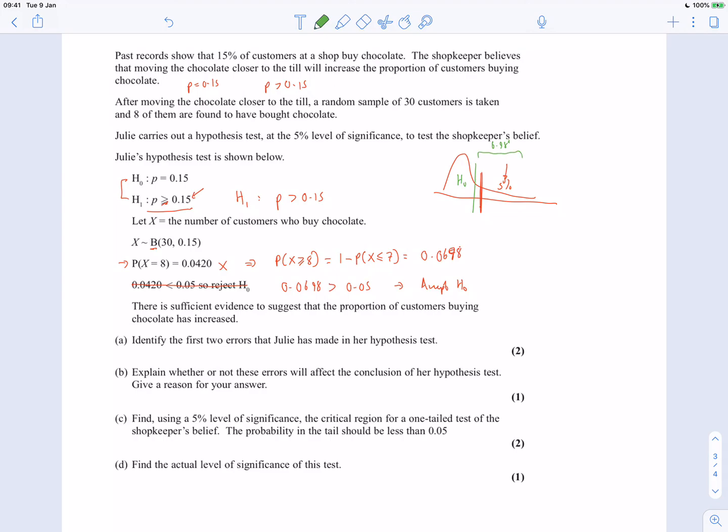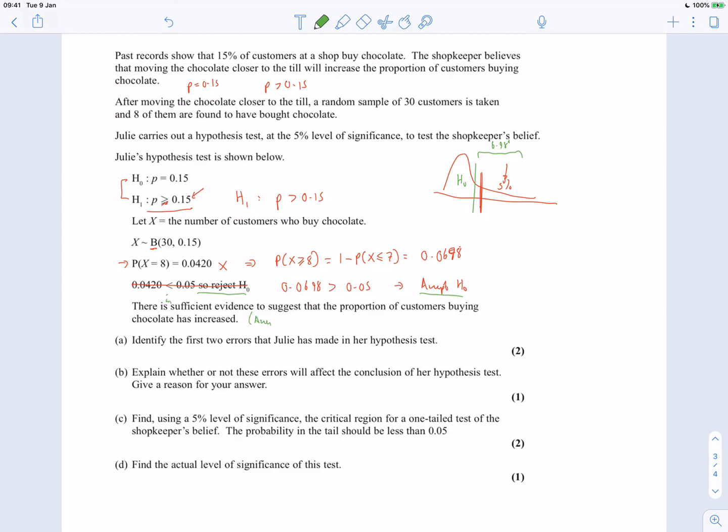So if we were actually to carry this out, we would accept H0. That mistake has completely changed the outcome. It's gone from rejecting H0 to accepting H0, i.e. there's not enough evidence to suggest that by moving the chocolate closer to the till the proportion of customers buying chocolate increases.